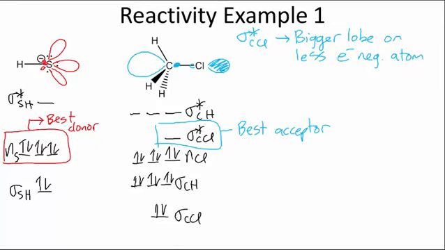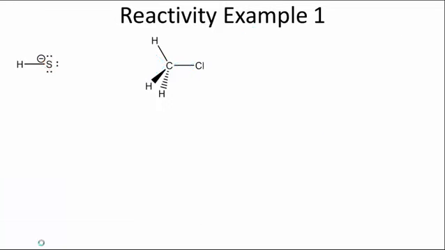It breaks. When these orbitals interact, the sulfur lone pair says, hey, carbon, I would like to share this lone pair with you. Carbon says, sure, but I've got to make space. So if you donate into this antibonding orbital, that's going to break the CCl bond and make the chloride fall off.